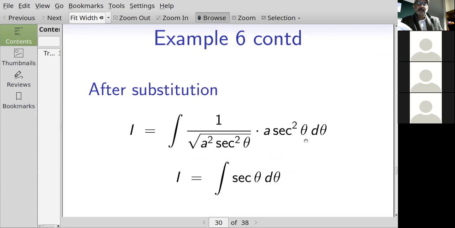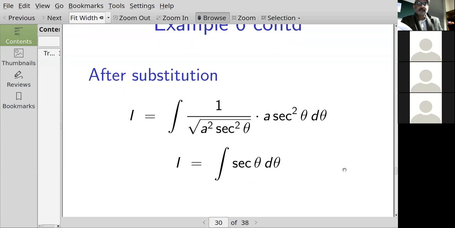So now, let's see, I take out the a, and if I simplify everything, I get the integral of secant theta d theta. And what's that integral? Log of tan theta plus sec theta. Yeah, log of the absolute value of secant theta plus tangent theta plus c.